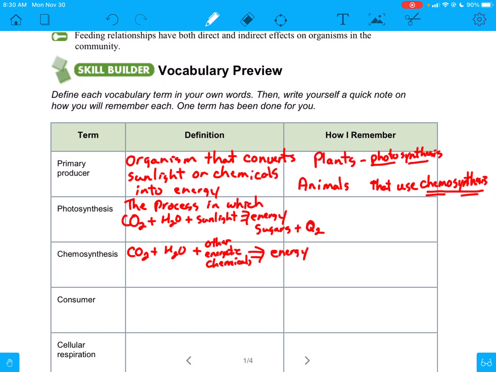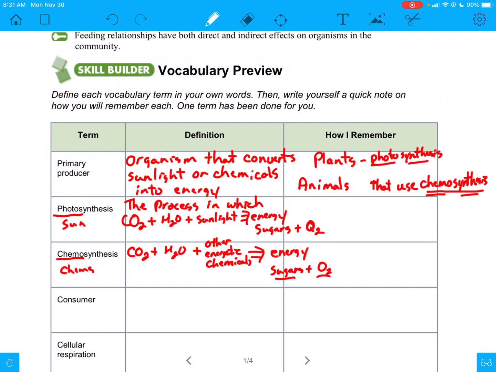And that energy is going to be in the form, believe it or not, of sugars plus O2. So even though there's no sun, those creatures that live in those places can still convert things into energy, and that energy is in the form of sugars, and of course the oxygen is given off as a byproduct. So one is called photosynthesis, meaning sun, and one is chemo, meaning chemicals.